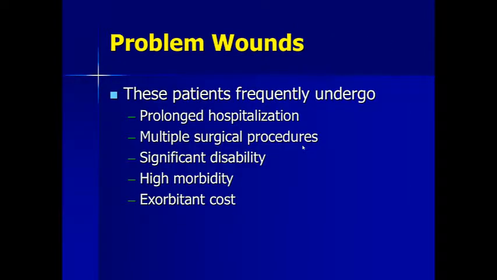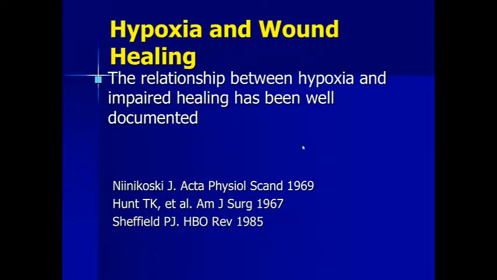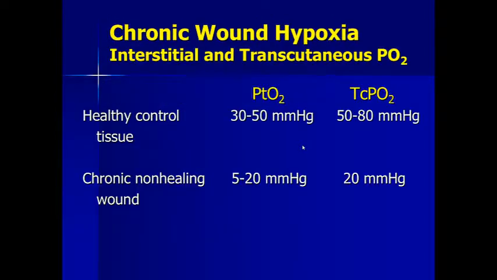And we've done this for problem wounds because this is the bulk of hyperbarics, your wounds. These are diabetics who have wound problems, multiple hospitalizations, multiple surgical procedures, significant disability, high morbidity, and they become very costly. A lot of these chronic wounds are known to be hypoxic.